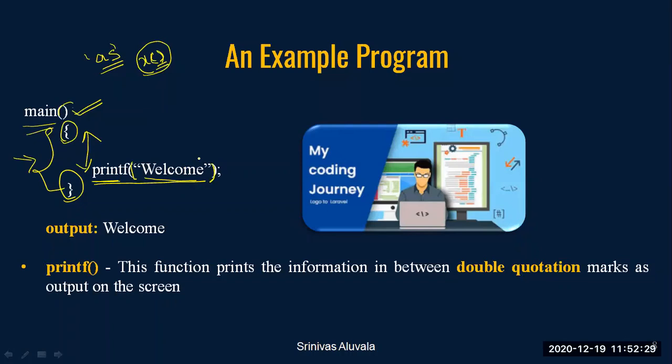You look at it, it is having an opening parenthesis and closing parenthesis, and in between that I am writing something, and whatever I have written between those parentheses, I'm getting it as an output on the screen. And whatever I write as an output on the screen needs to be written between inverted commas.